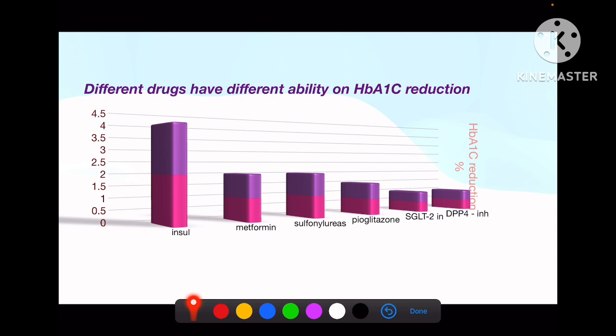When you increase your insulin dose, you can achieve more than 4 percent HbA1c reduction by insulin, right? The other one is a very important one. You have to remember these two: metformin and sulfonylurea. These two drugs have the same ability to reduce your HbA1c by 2 to 2.5.